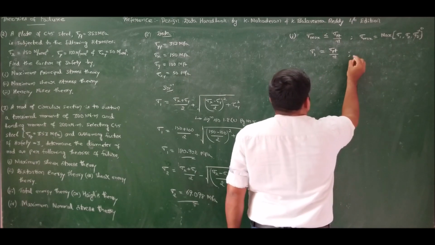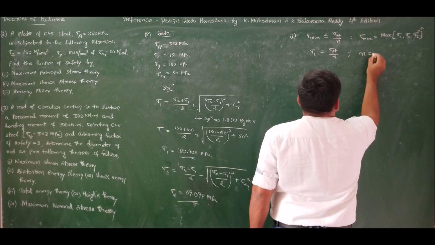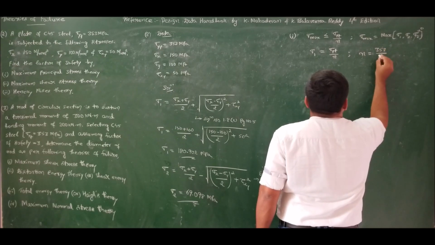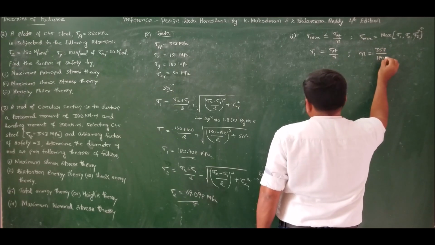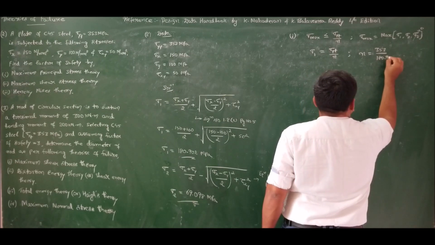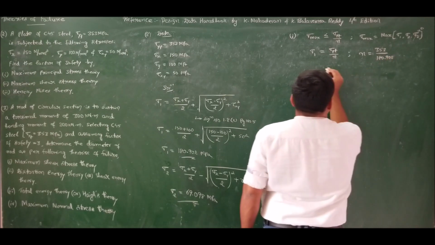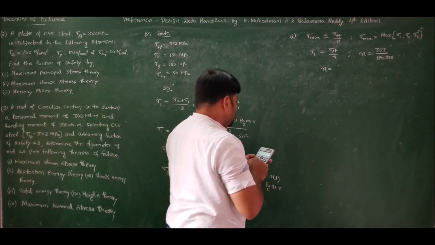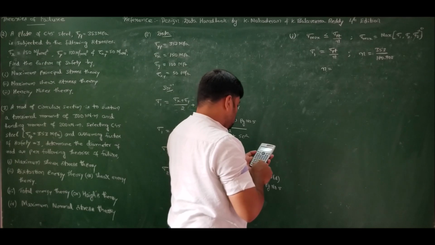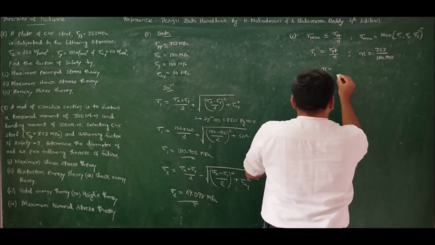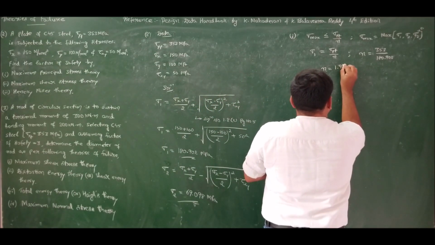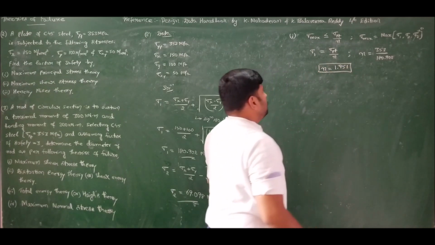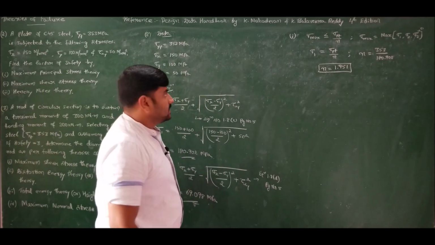If I substitute and solve, n is equal to 353 divided by 180.902, which is equal to 1.951. So this is the factor of safety according to maximum principal stress theory.